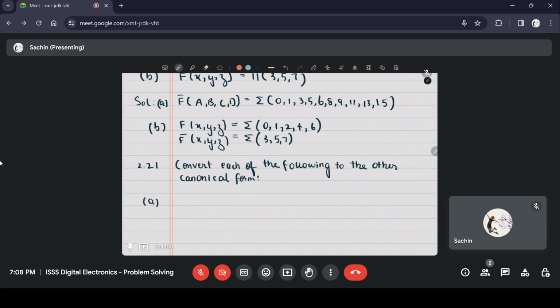Part A, f of xyz equals summation of 1, 3, 5. Part B, f of abcd equals product of 3, 5, 8, 11.